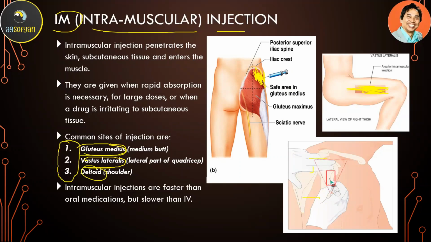Okay, this is the shoulder area over here. These are the three main sites for intramuscular injection. Intramuscular injection is actually very good because it is able to deliver the medicines, the chemicals, faster than oral tablets or pills.